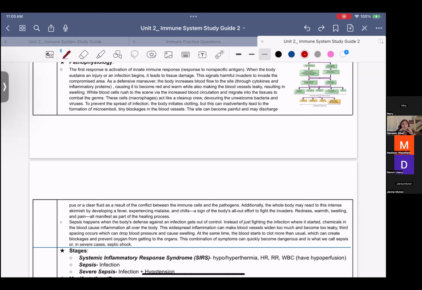All of those blood vessels are going to dilate, so all of those white blood cells and red blood cells are able to travel through the intravascular space, through those blood vessels. But the capillary permeability is what allows those fluids and components in the vessels to travel to the actual interstitial space and the tissue site, because if we don't have capillary permeability, they're not able to leak out.